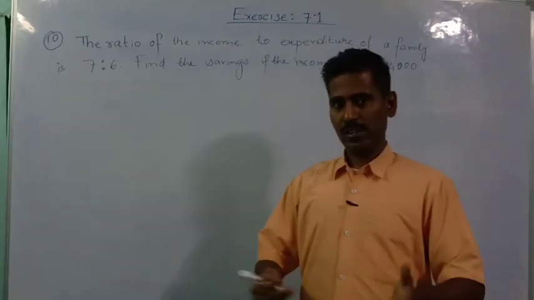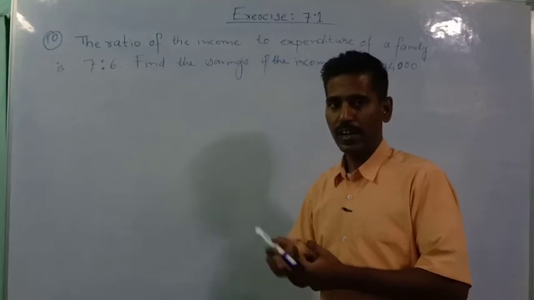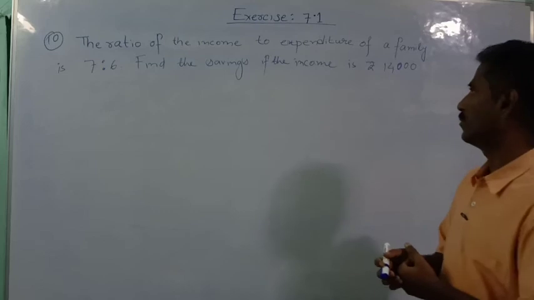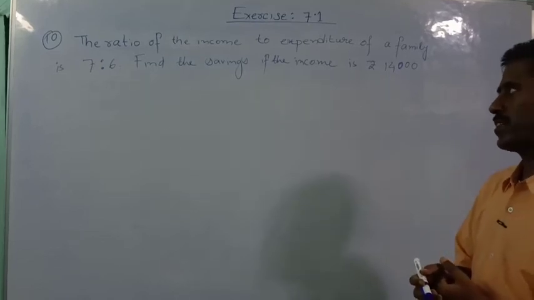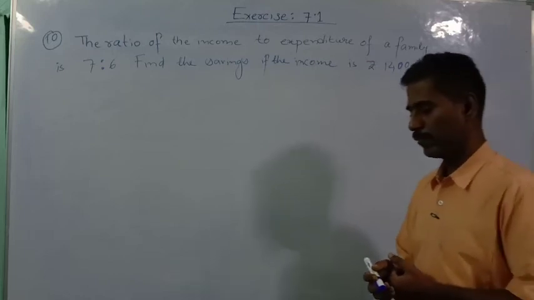Well children, now let us solve question number 10. The question given was: the ratio of the income to expenditure of a family is 7:6. Find the savings if the income is rupees 14,000.